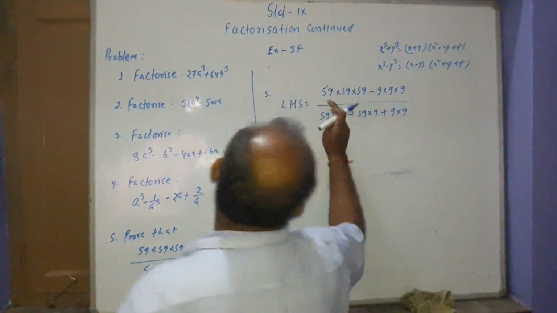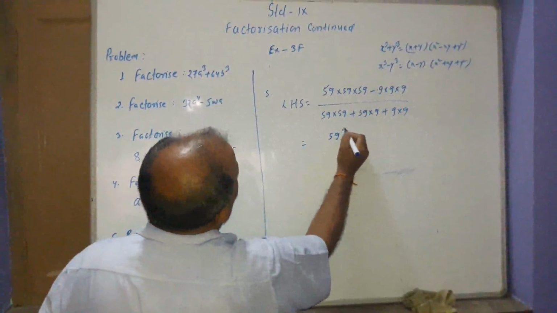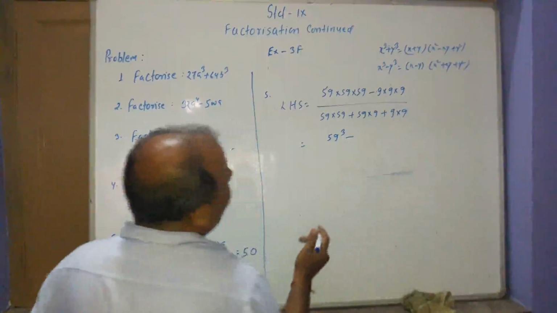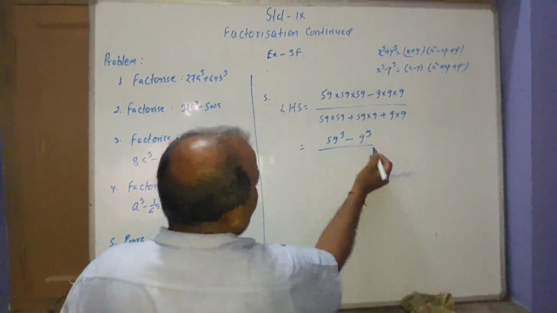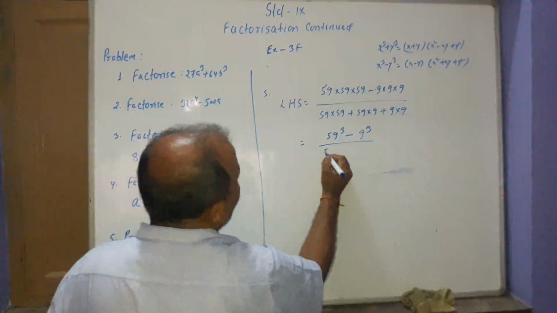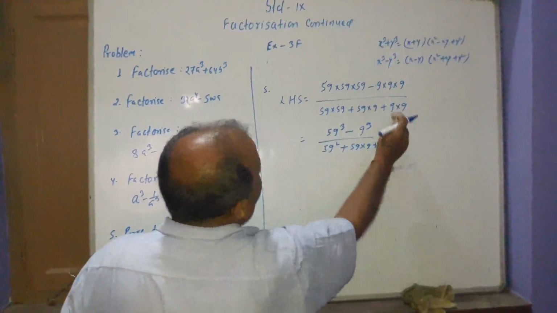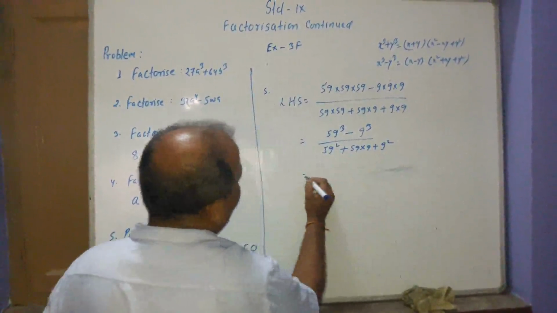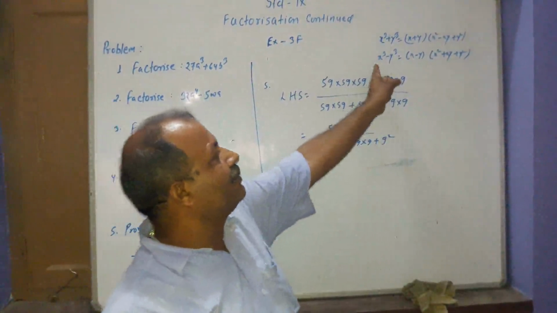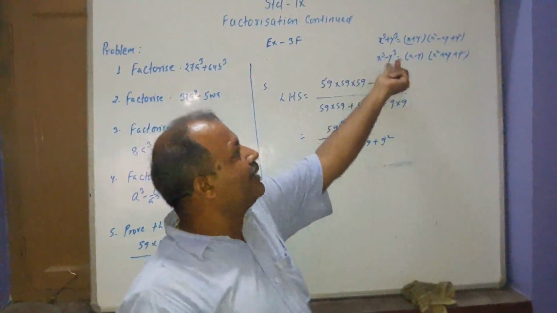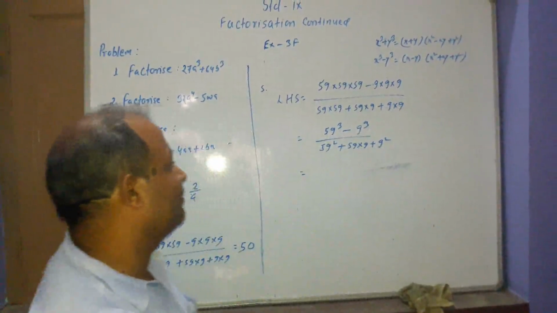Here 59 is written 3 times, therefore we may write 59 cube. 9 is written 3 times, then we will write 9 cube. In the denominator, 59 into 59 means 59 square, plus 59 into 9, and 9 into 9 is 9 square. Now this is of the form x cube minus y cube. This will be turned into x minus y into x square plus xy plus y square.